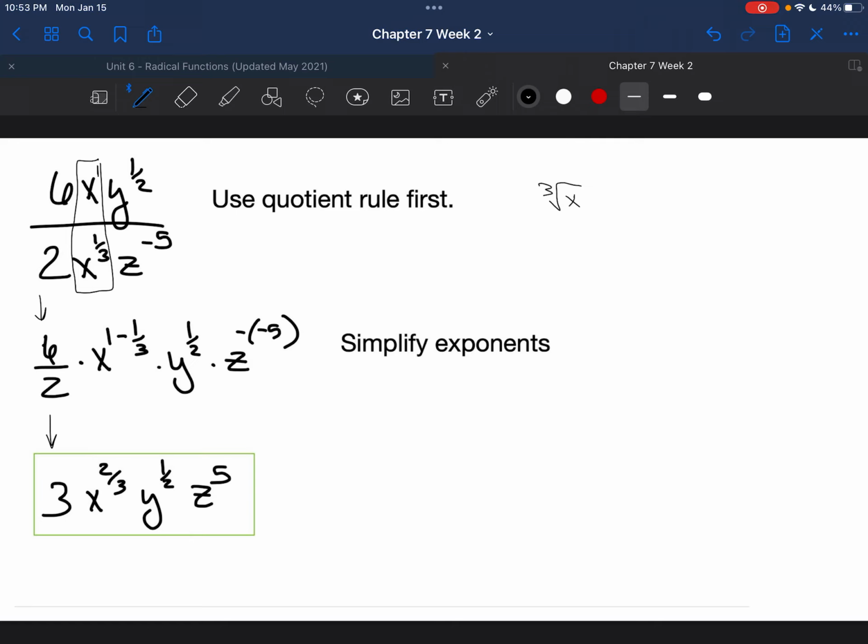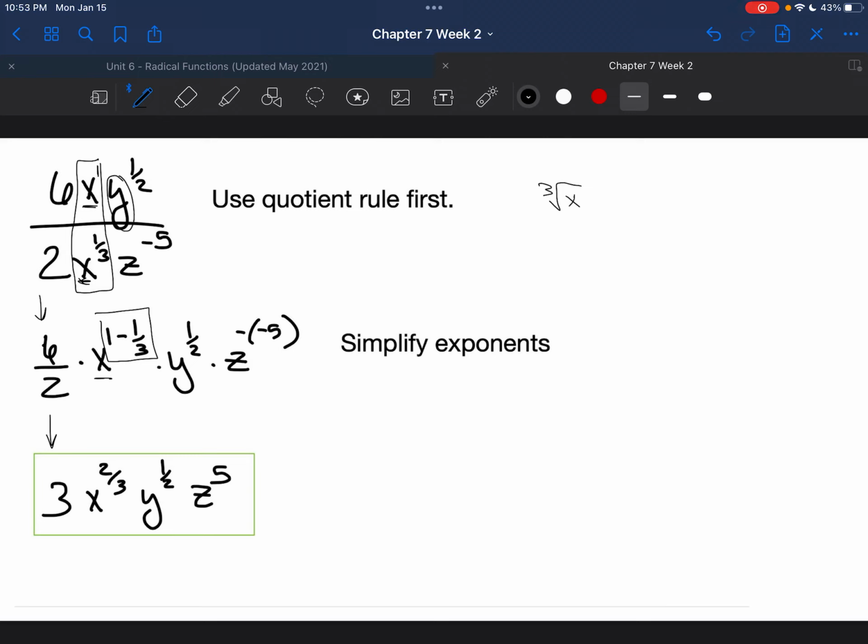However, with exponent rules, we can, because my exponent rules just say that when my bases match, I subtract my exponents. So I made my base match, and I just subtracted my exponents. It just happens to be that they're fractions now, which means we've got to remember how to subtract fractions.